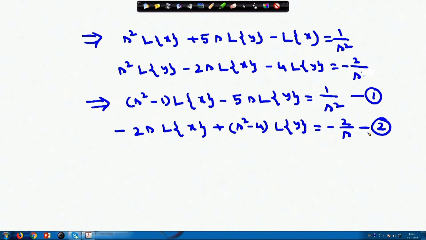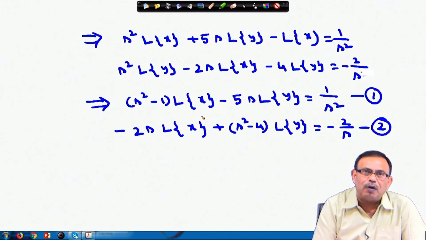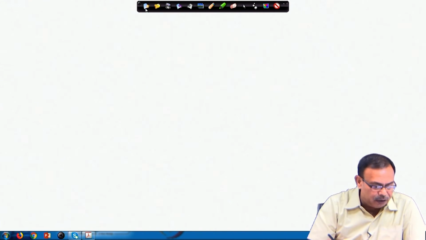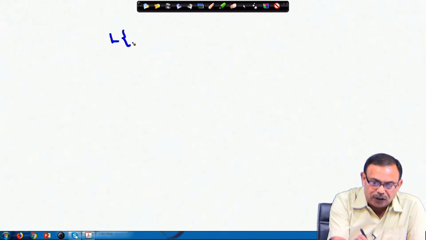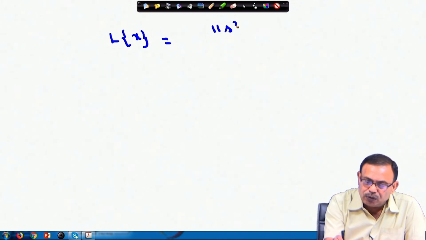Once I have these two equations, if I solve these two algebraic equations, I can find out the values of Laplace transform of x and Laplace transform of y. So, by solving equations 1 and 2, I will obtain these. Laplace transform of x equals 11 s square minus 4.